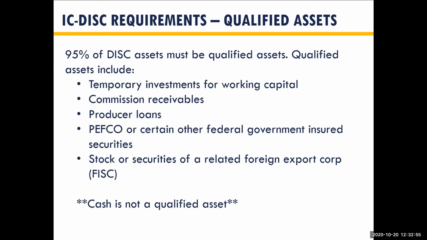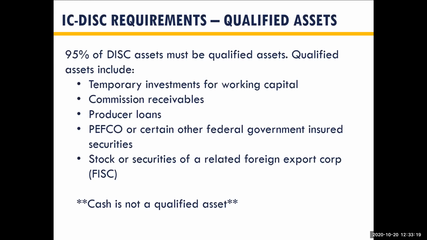And as long as that is 95% of our total assets, we would meet the qualified asset test. So pretty much the only assets you typically see in an IC DISC is a cash account to receive and distribute the commission, and the commission receivable account. The commission receivable is a qualified asset.